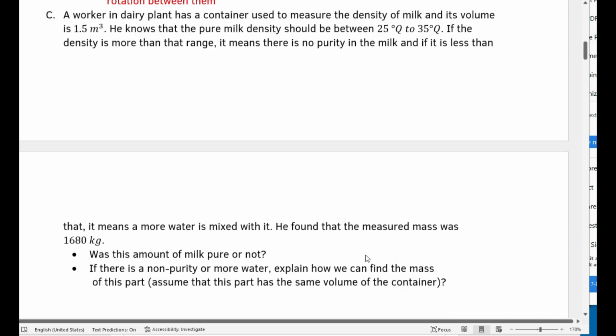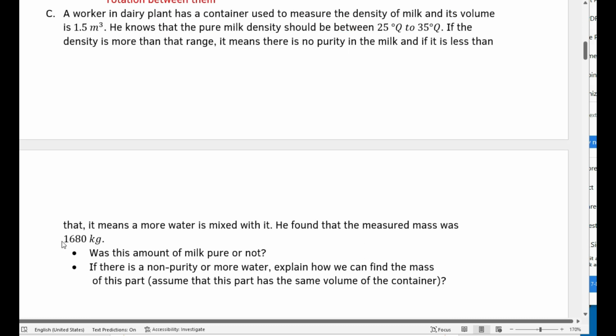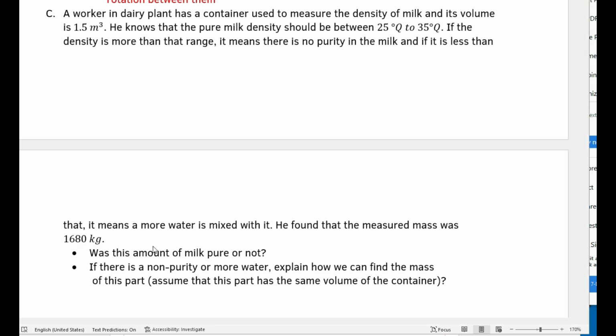He found that the measured mass was 1680 kilograms for this tanker. Was this amount of milk pure or not? We need to check it. If there is non-purity or more water, explain how you can find the mass of this part. Assume that this part has the same volume as the container to make the calculation easy.